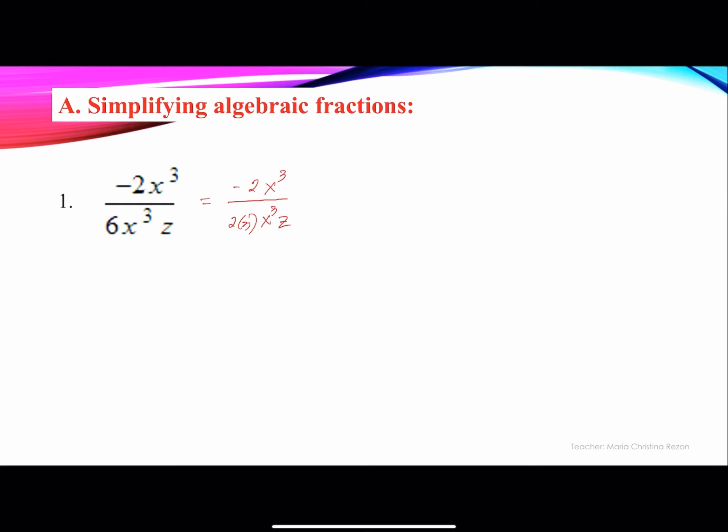And then look at the numerator and the denominator if they have common factors. So we can see that you have 2, cancel out 2, and then of course x cubed and x cubed. So what is left is negative 1 all over 3z. And that is now your answer. So this is now the simplest form of our algebraic fraction.